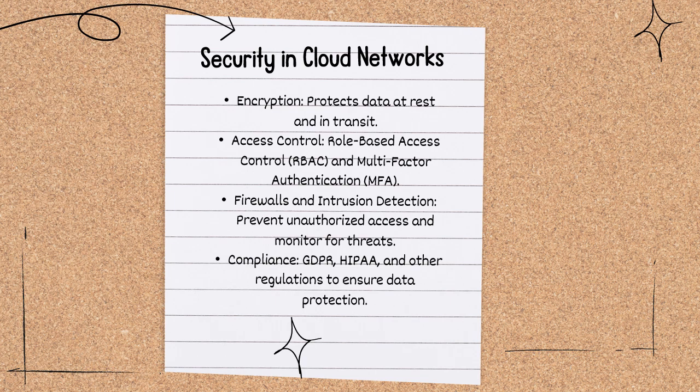Now it comes to security. We will see whether cloud networks are secure or not. First is encryption. Cloud networks provide us with encryption, which protects data at rest and in transit. If the data is not participating in the transferring process, from one source to another or from one source to the destination, it is also protected.